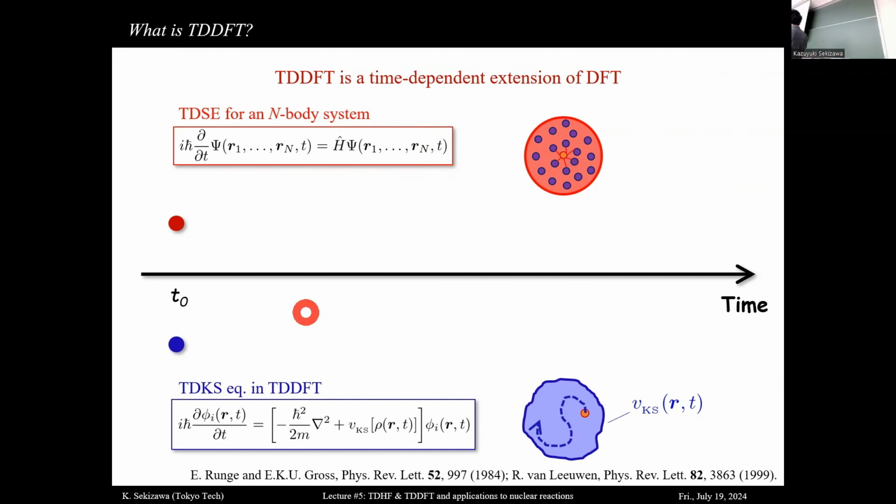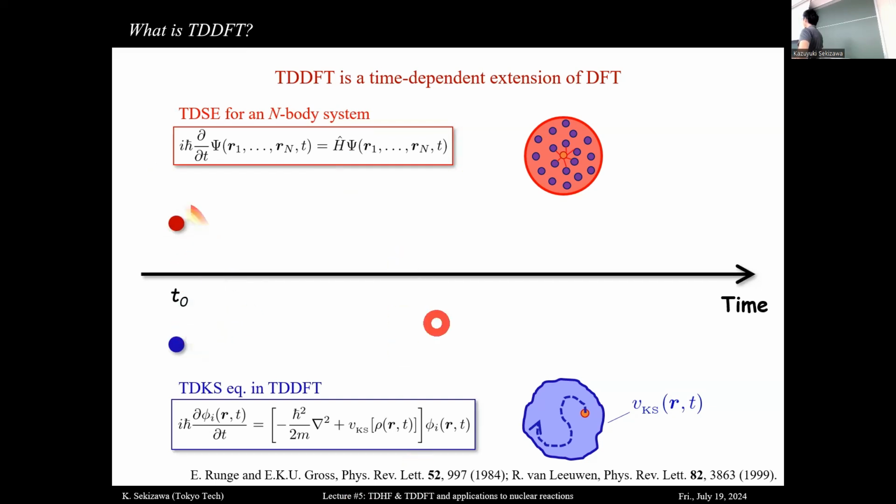But according to the Hohenberg-Kohn theorem, at the initial time, let's assume it is a ground state, then we can show that in principle those two can be equivalent. In the ground state, it is a Kohn-Sham equation, and this is a Schrödinger equation. And if we have the exact universal energy density functional, those two can be equivalent.